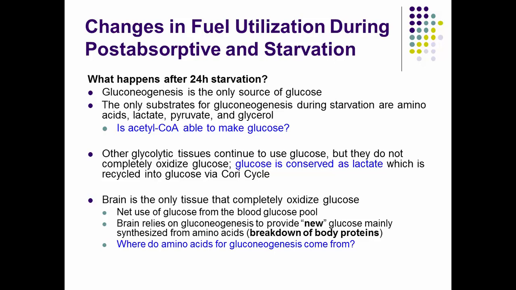So gluconeogenesis becomes the most important and the only source of glucose. And the precursors for gluconeogenesis can include a lot of substrates, like glycerol, pyruvate, lactate, and amino acids.